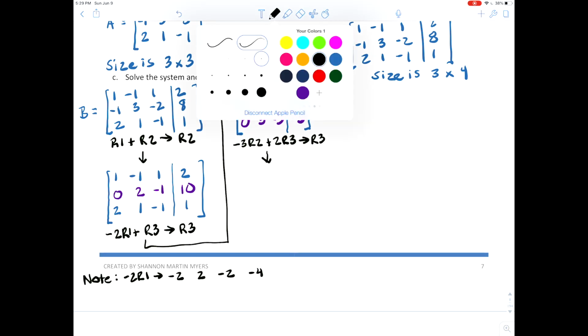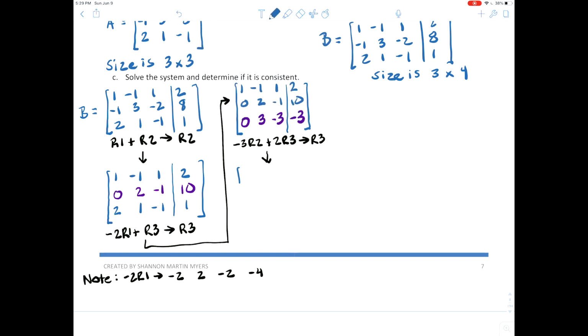So now let's do it. So we would end up with -3 times 2 is -6. 2 times +3 is +6. So actually, let's go ahead and rewrite the rows that aren't changing.